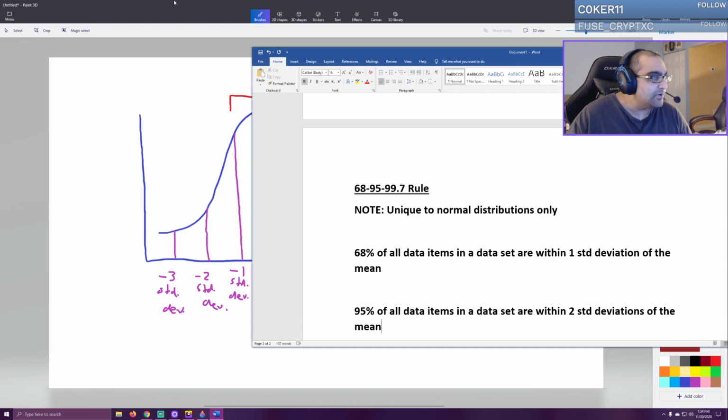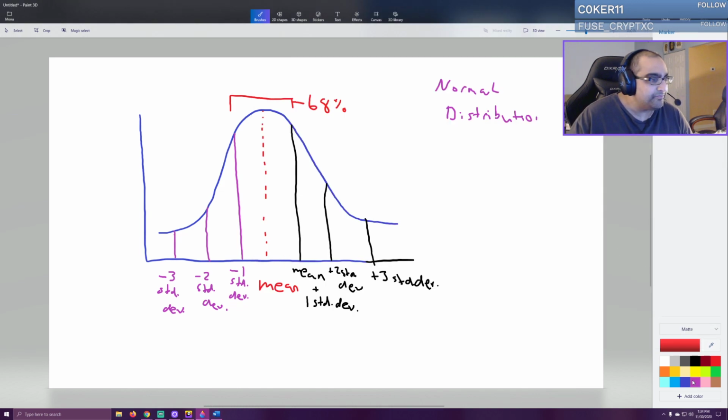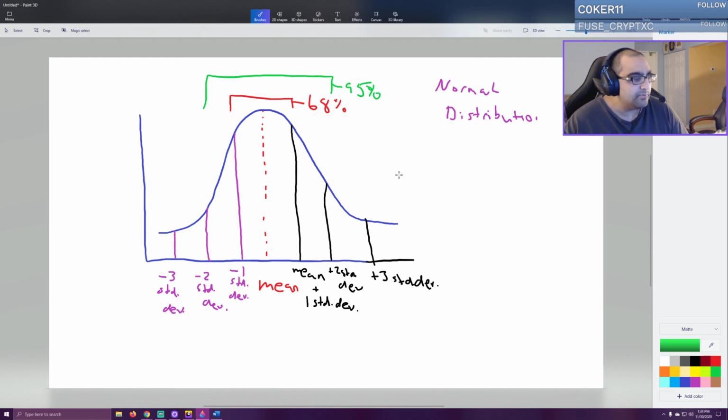How do we reflect that on our picture? Let's put this in green. From here to here in green, this represents 95% of all data items falling between -2 standard deviations and +2 standard deviations.